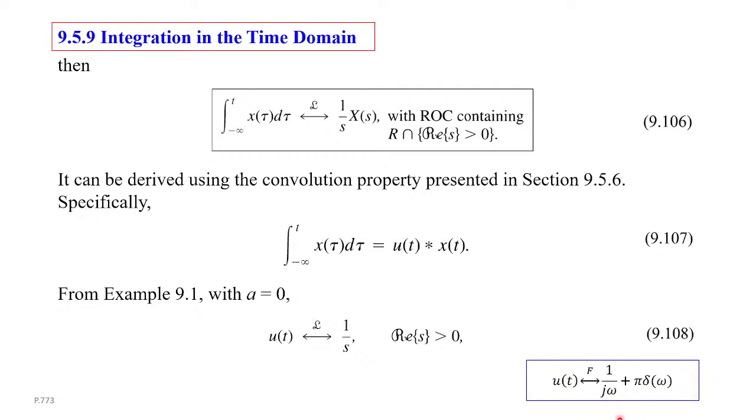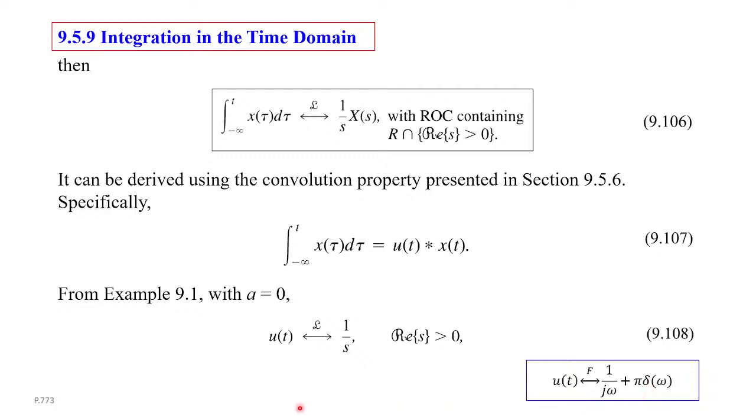But now this is a very weird thing, because j omega is actually not in the ROC of this thing. Okay? So yeah, the ROC is Re(s) bigger than 0. So s equal to 0 is actually not inside the ROC. So the Fourier transform is not equal to the Laplace transform there, that's why it can have this weird pi delta of omega here. But okay, it's really weird, but both of those are true.